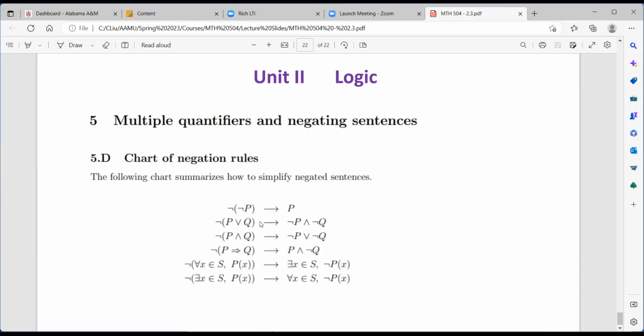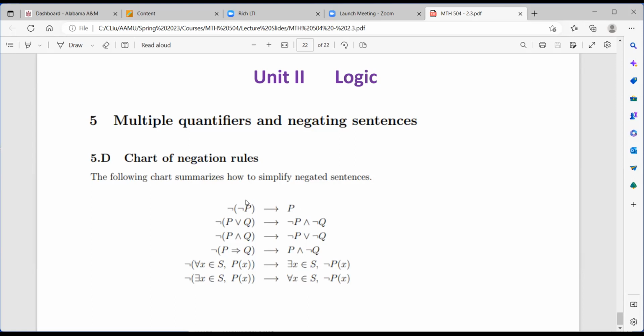So the first negated sentence is the negation of the negation of P is the same as P itself, right?